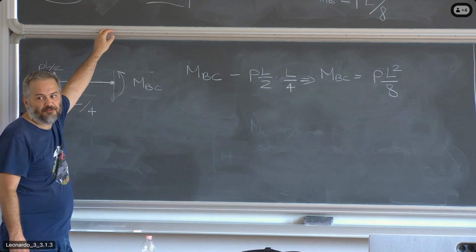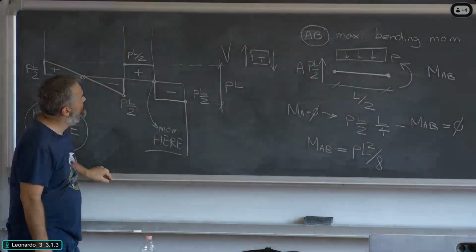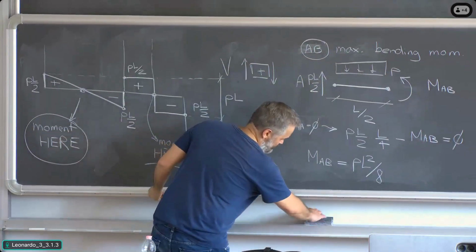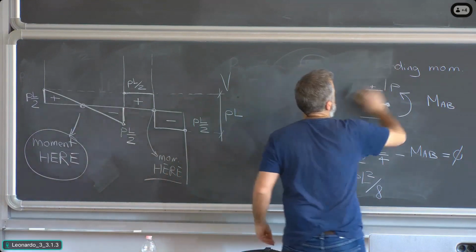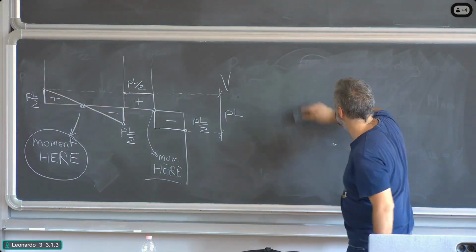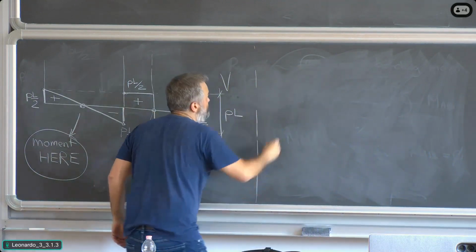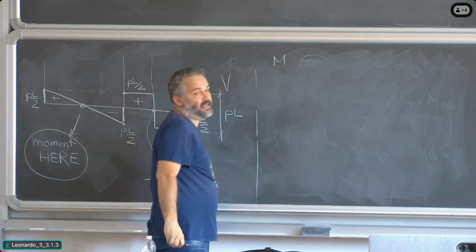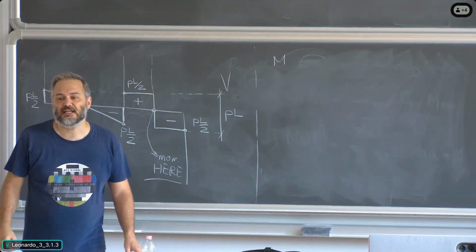So I presume you have written down the result. I will move back to my board with the diagram. I need some space. This is the shear force diagram. For the bending moment diagram, you know you cannot specify positive and negative conventions.